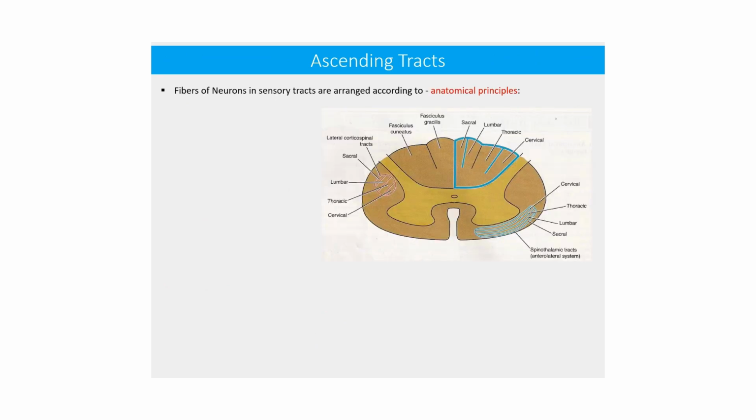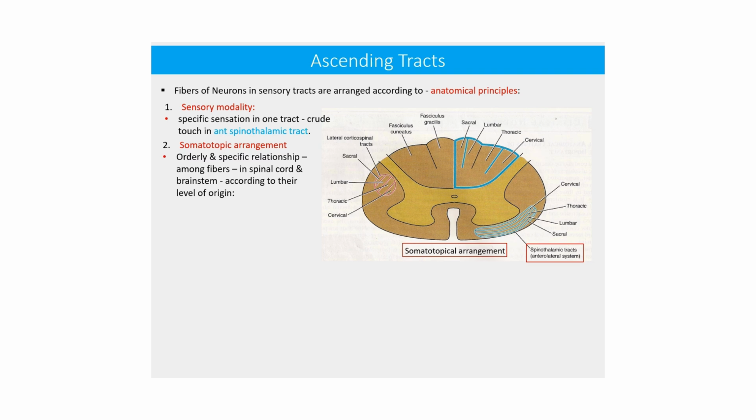Fibers of the neurons in the ascending tracts are arranged according to the following anatomical principles. Number one, the sensory modality, that is, one tract carries a specific sensation, such as crude touch in the anterior spinothalamic tract.